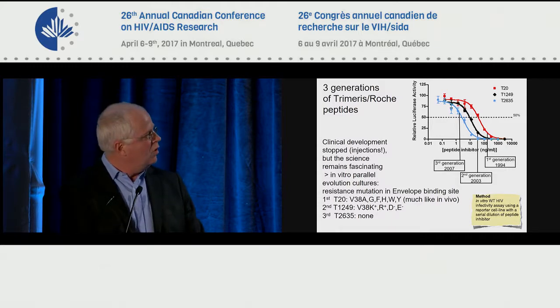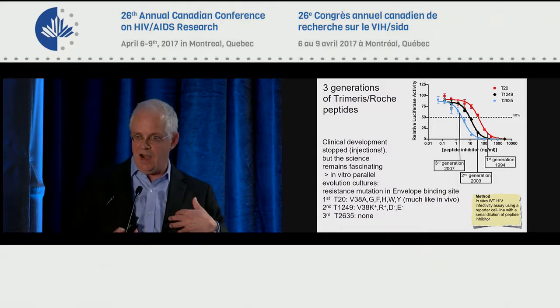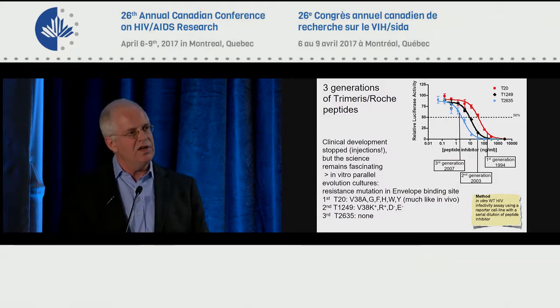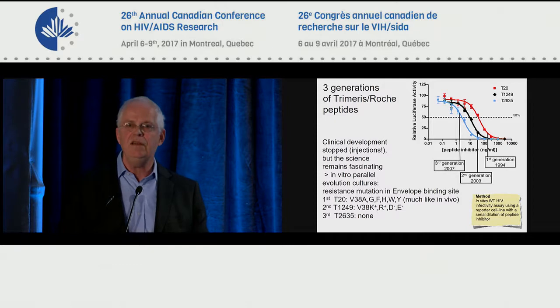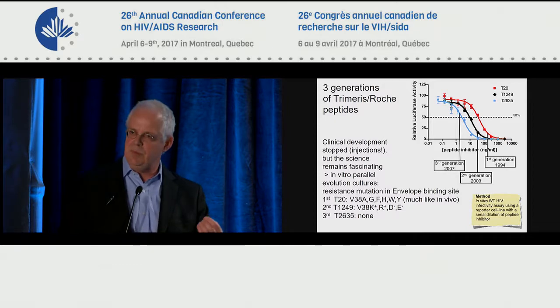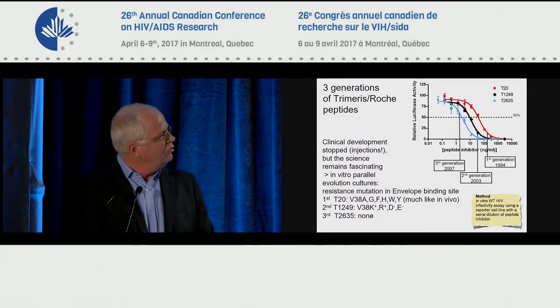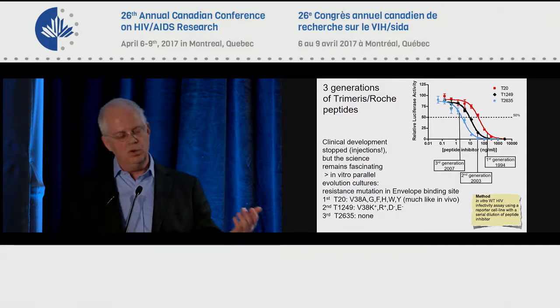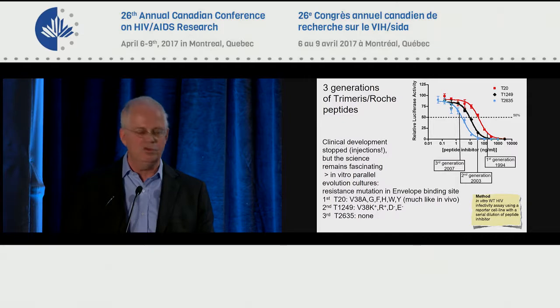So if you go in with T20, in our case in cultures, but also in patients, you always select a mutation in the envelope gene, which is the target, actually in the GP41 domain, and usually it is V38 that mutates, mostly to A, but also to some other amino acids.